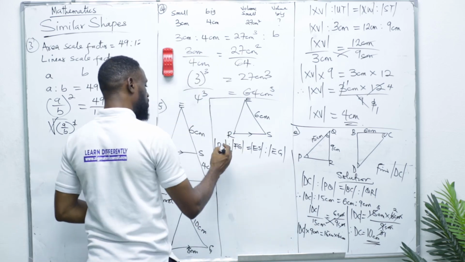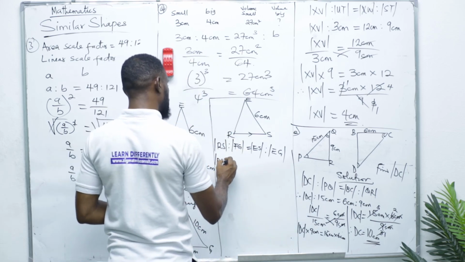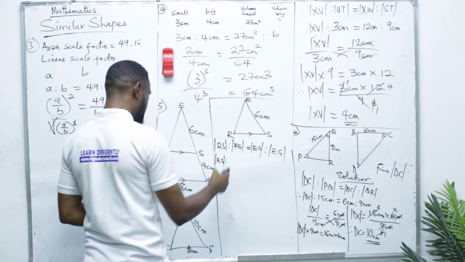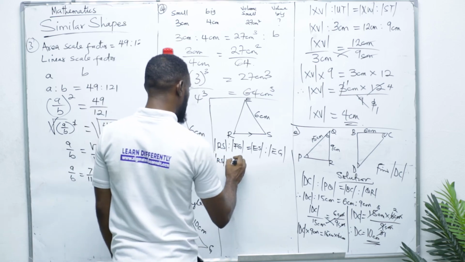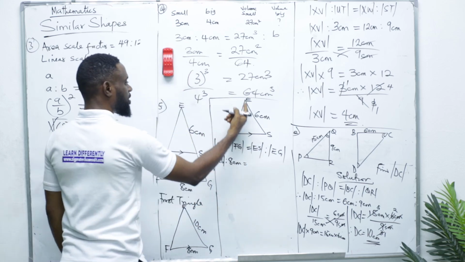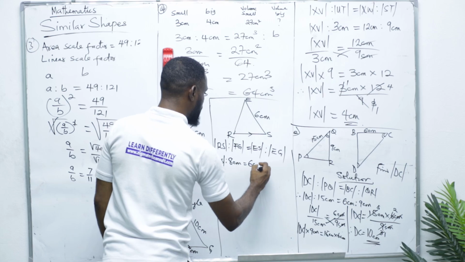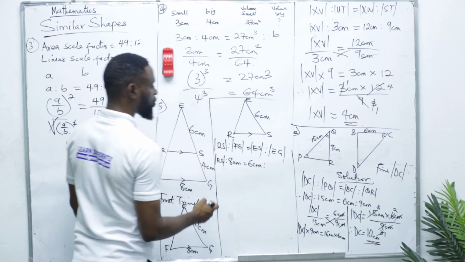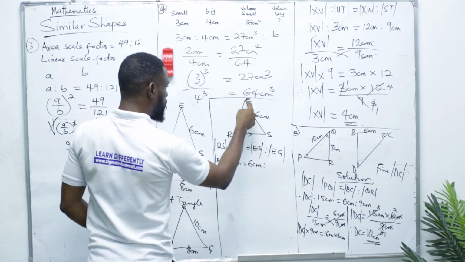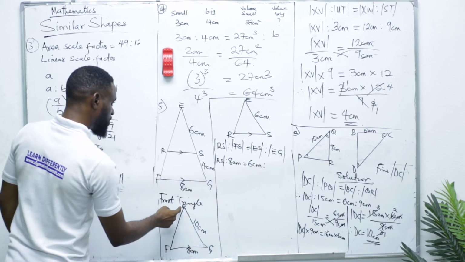So our RS to our FG, which is 8 cm, is equal to ES, which is 6 cm, to EG.